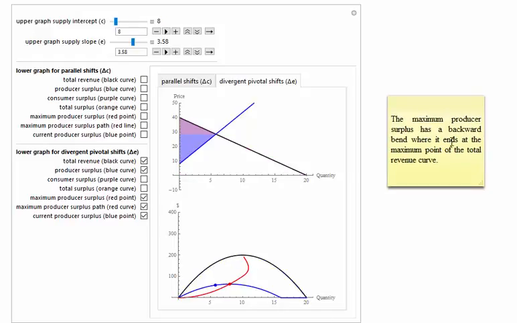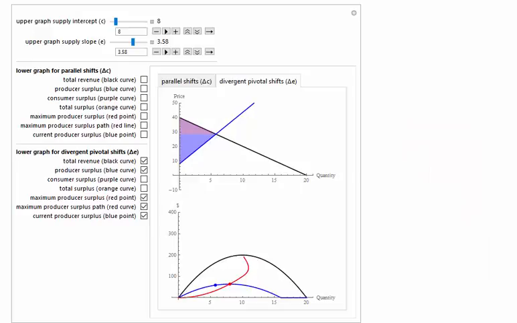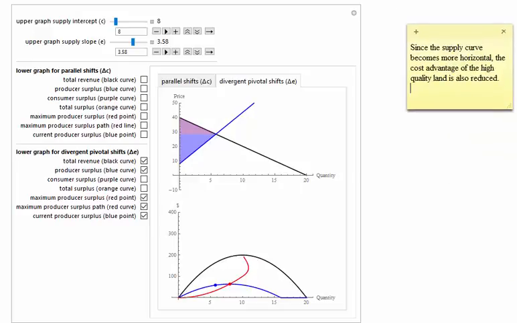So what have we learned from this? Well, one thing we've learned is, if the supply curve becomes more horizontal, the cost advantage of your high quality land in agriculture or your more productive producers is also reduced.